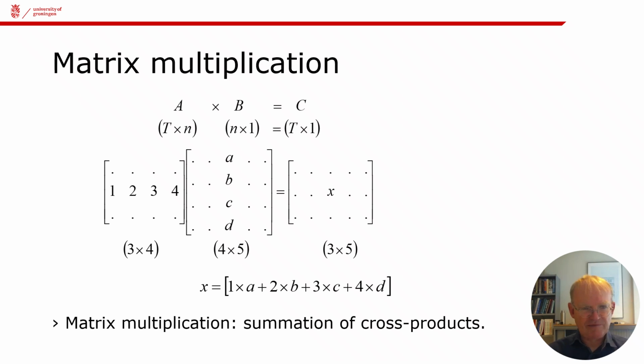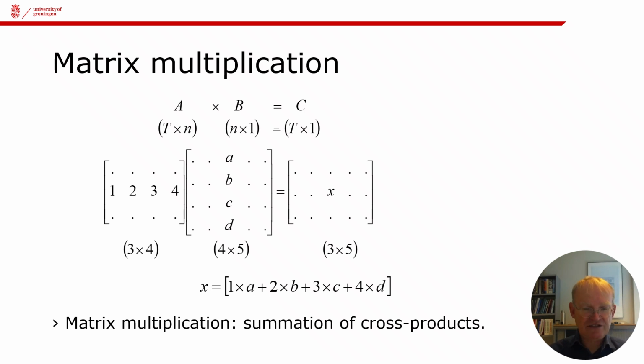So A times B equals C. Let's suppose that we're looking at the element on the second row in the third column. How did we calculate it? Well, that's the cross product of the second row of the first matrix and the third column of the second matrix. And so we get here the number x would be equal to 1 times A plus 2 times B plus 3 times C plus 4 times D. And we add it together.